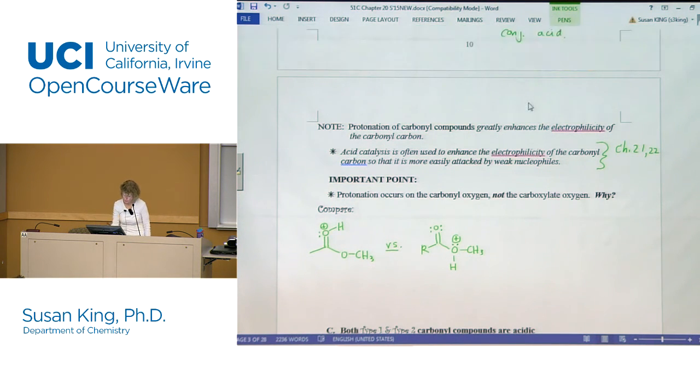We've already shown that this one has a resonance stabilized conjugate acid. We get three resonance structures for this. This one here is not resonance stabilized.